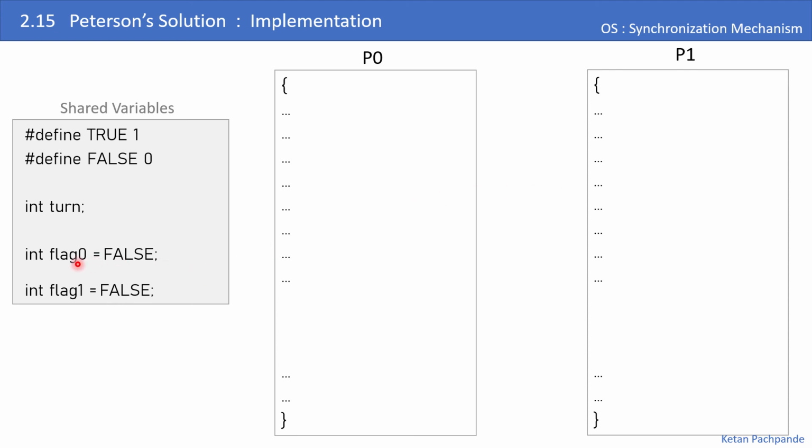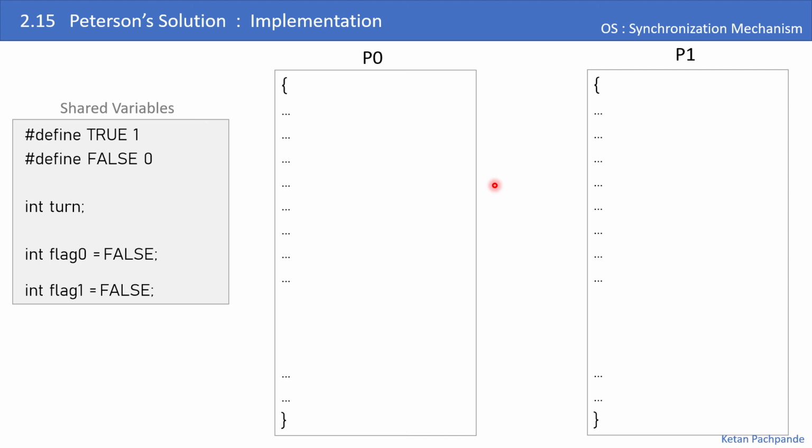Flag 0 will indicate that the process P0 is interested to enter into its critical section, and flag 1 will indicate that the process P1 is interested to enter into its critical section. So at the start of the system, when both processes have not arrived yet, both the flags are set to false. So both are not interested at the start.